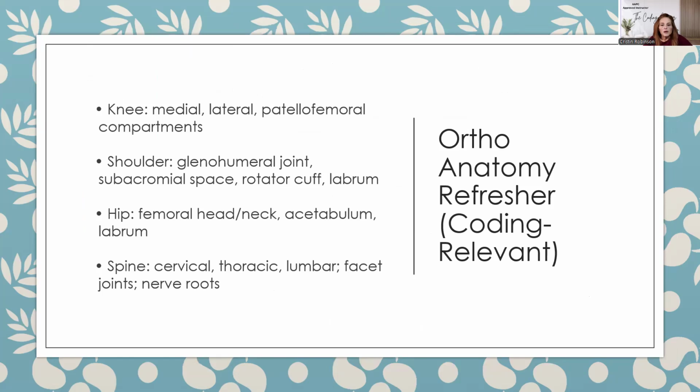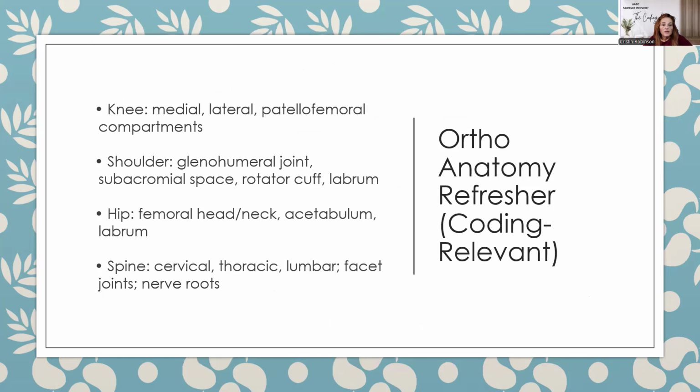An ortho anatomy refresher, coding relevant. The knee has the medial, lateral, and patellofemoral compartments. The shoulder has the glenohumeral joint, subacromial space, rotator cuff, and labrum.